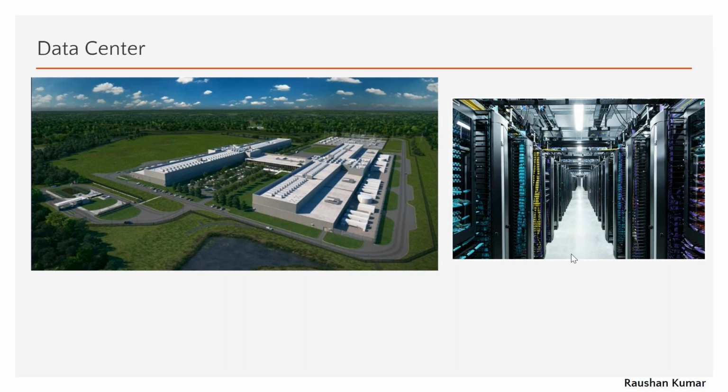When somebody else has set this up, like AWS, Microsoft Azure, Google GCP, or Oracle OCI, and you just ask, can I use some servers? Let's say you call AWS and ask, can I use some servers?